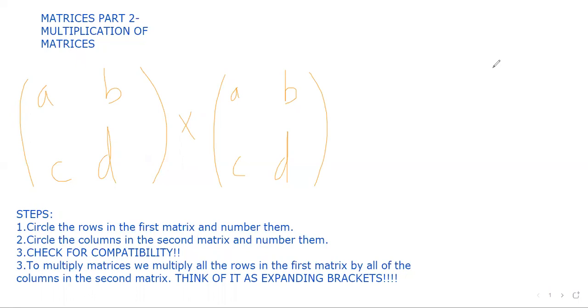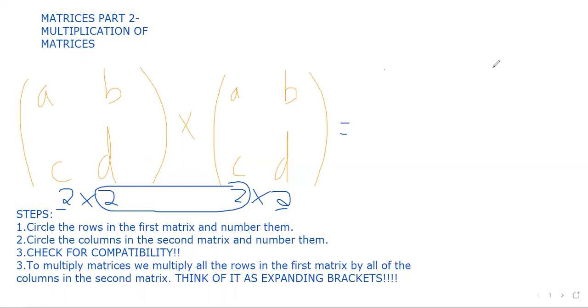So let's go through the steps here. Same thing, 2 by 2 and 2 by 2, we can clearly see that they are compatible because the inside numbers are the same and the result is 2 by 2. The best thing to do is write place values, so we expect 1, 2, 3, 4.